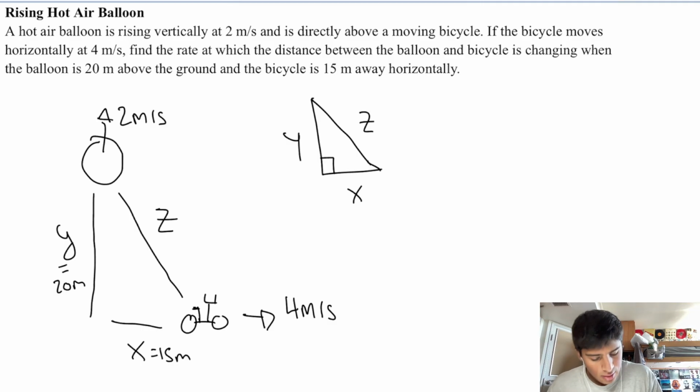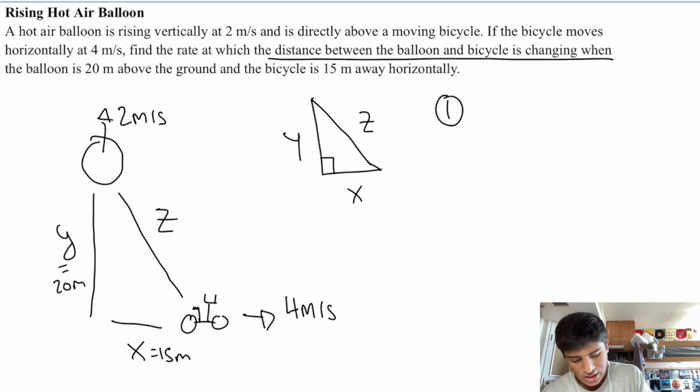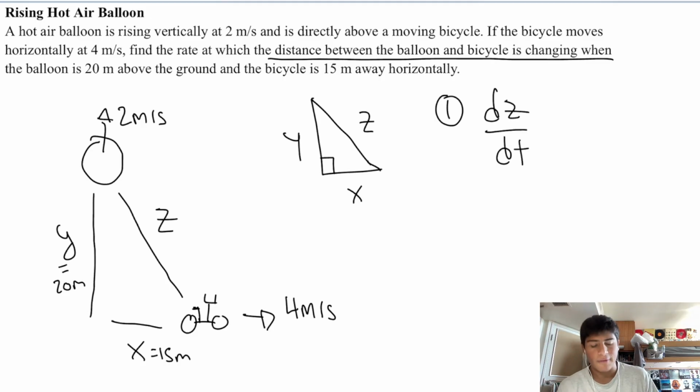Okay. One, what do we want to find? The distance between the balloon and the bicycle is changing. So that's going to be Z over, again, we're working with time, meters per second, dz over dt is what we want to find. Two, what do we know?